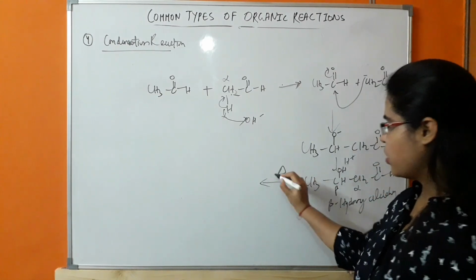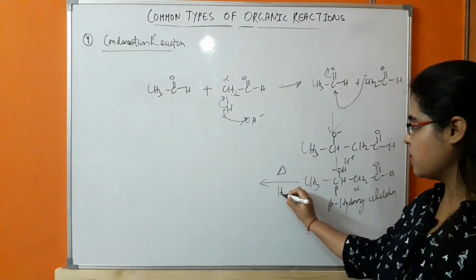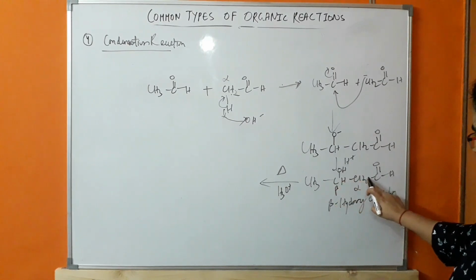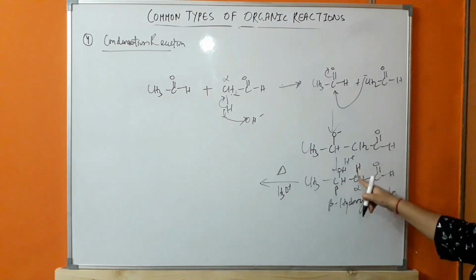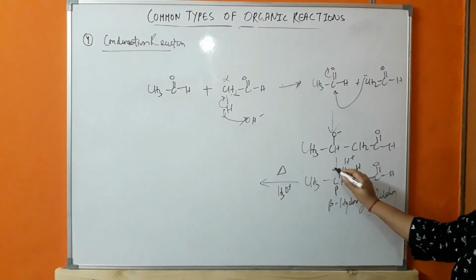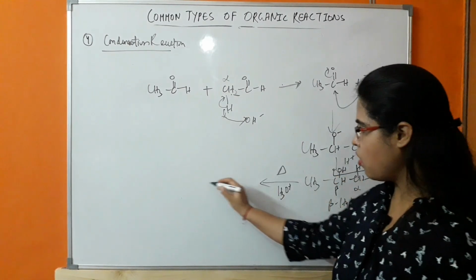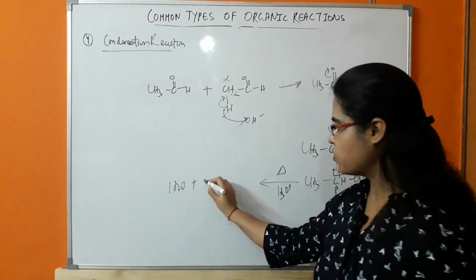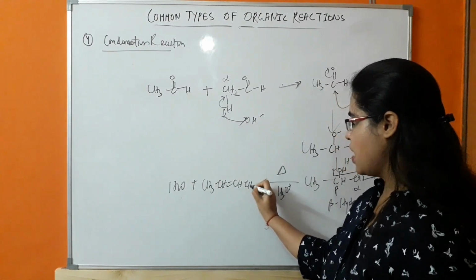So when this compound is heated in the presence of mineral acid, there will be removal of hydrogen from this alpha carbon and removal of OH from this beta position. So there will be removal of H2O and the formation of CH3CH double bond CHCHO.